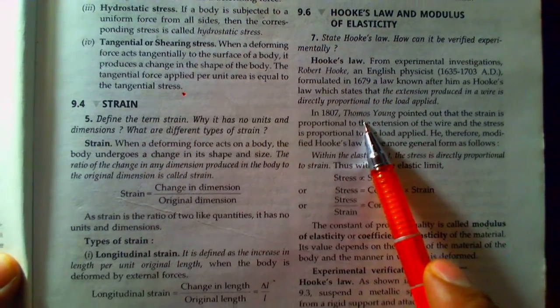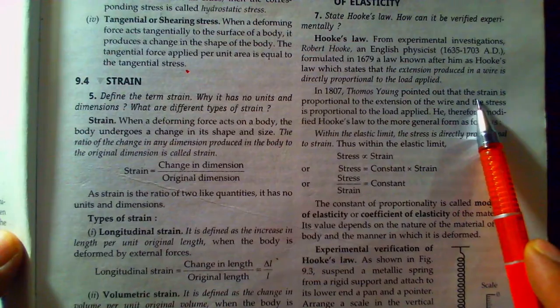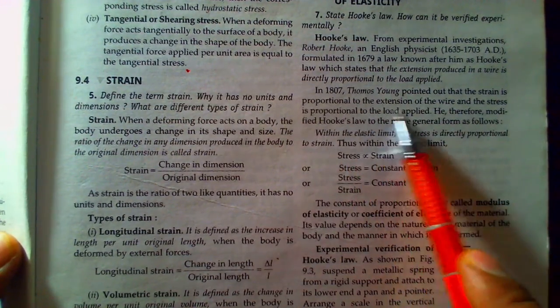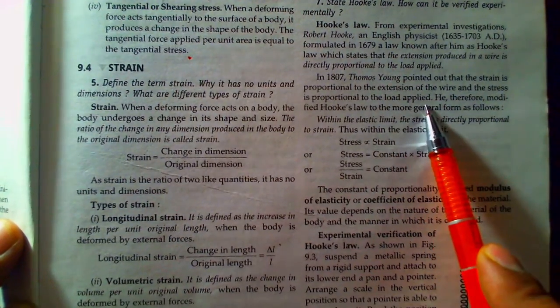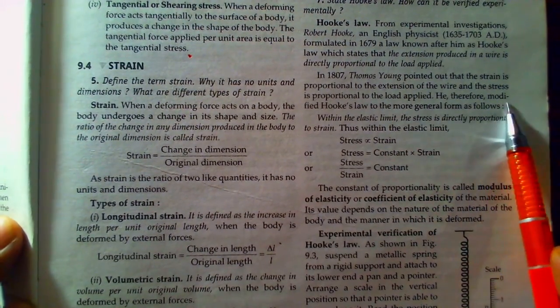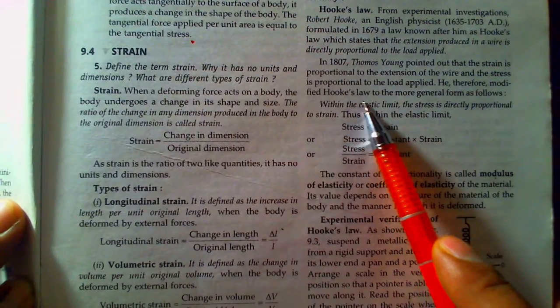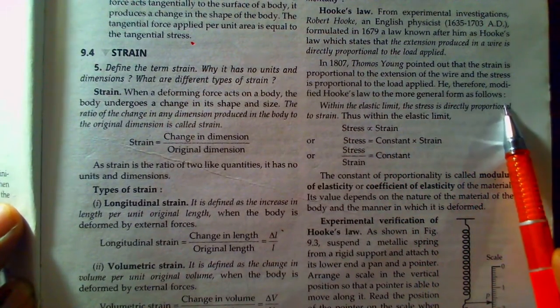In 1807, Thomas Young pointed out that the strain is proportional to the extension of the wire and the stress is proportional to the load applied. He therefore modified Hooke's law to the more general form as follows.